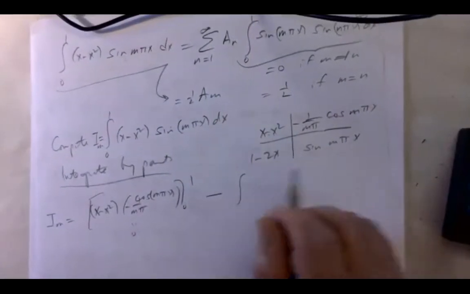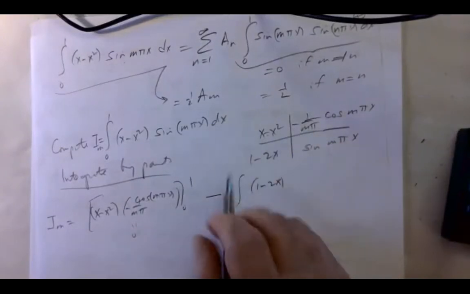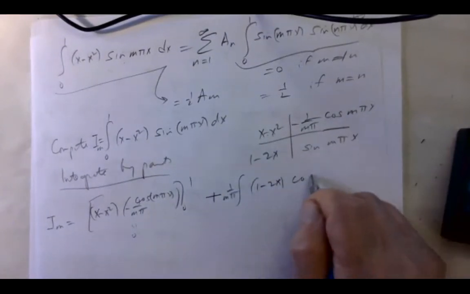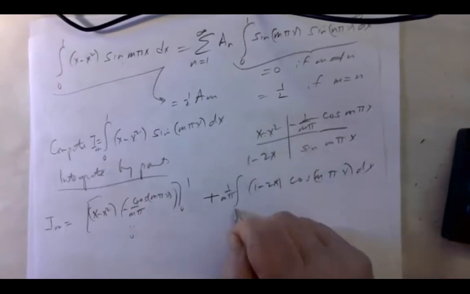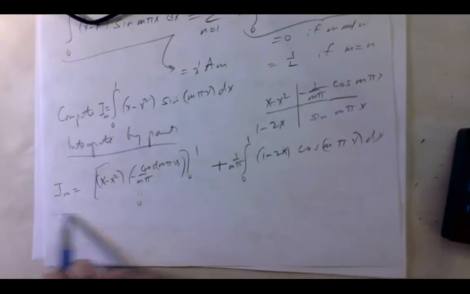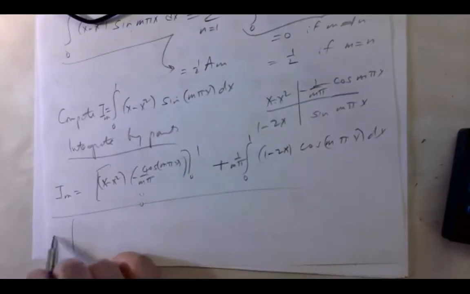So that's minus the integral of 1 minus 2x, minus this makes this plus 1 over m pi cosine of m pi x dx from 0 to 1. And then I need to integrate this. And then again, I'll do integration by parts.